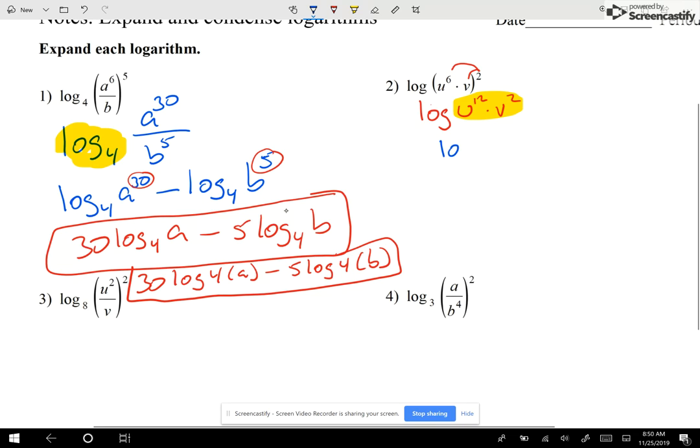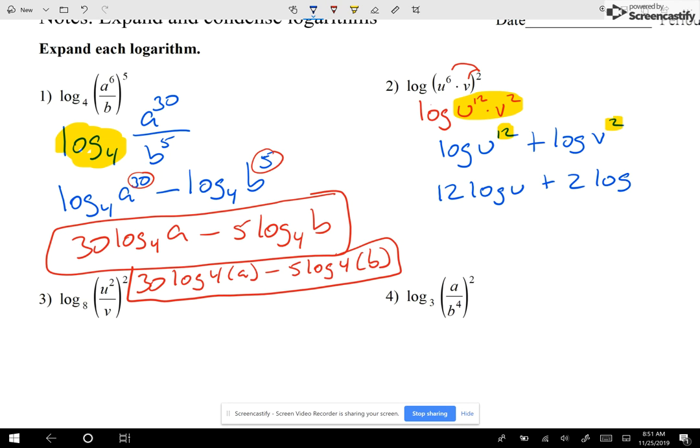So I have logarithm of u to the 12 plus logarithm of v to the 2. Now, I'm going to bring the exponent to the front. So I have this as 12 logarithm of u plus 2 logarithm of v.